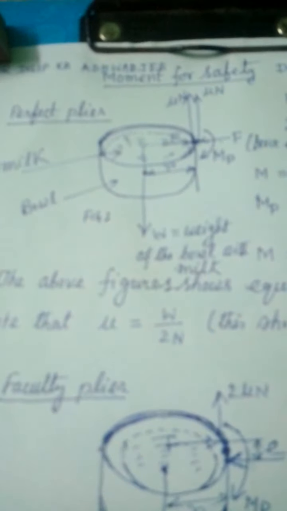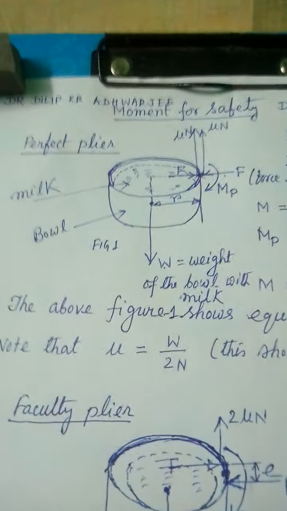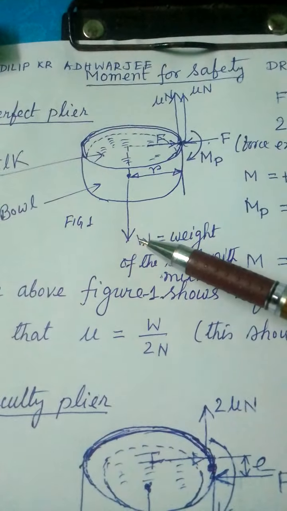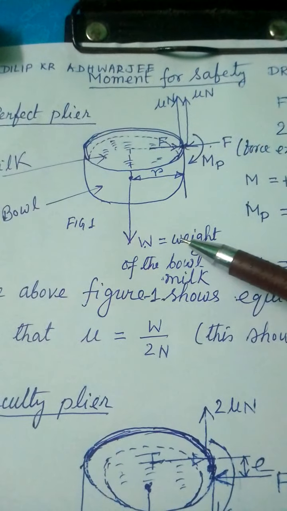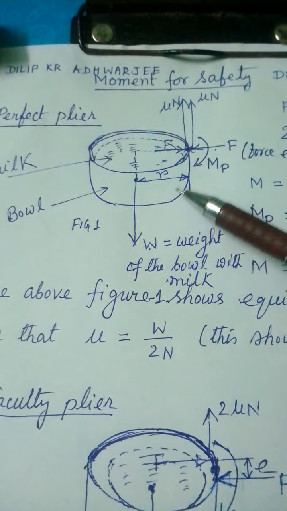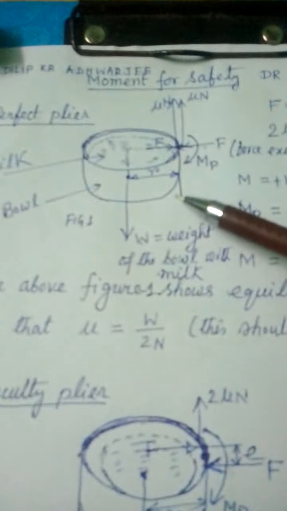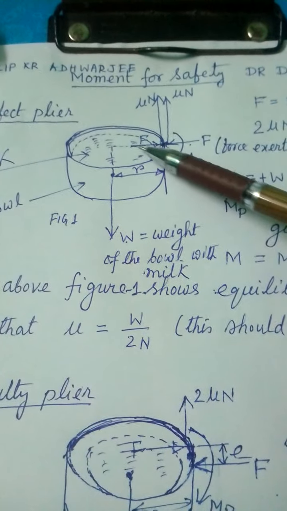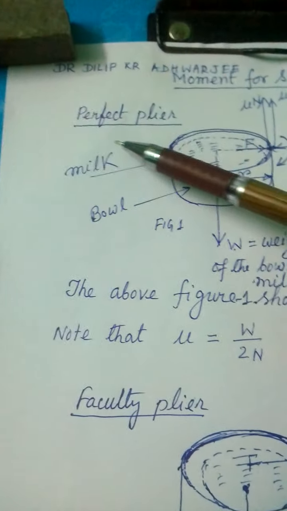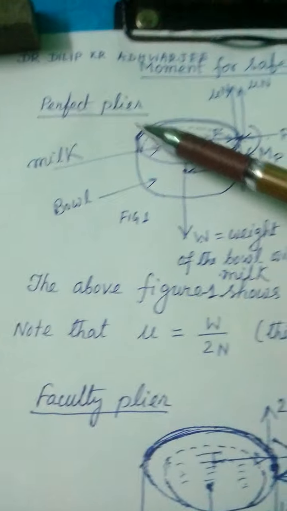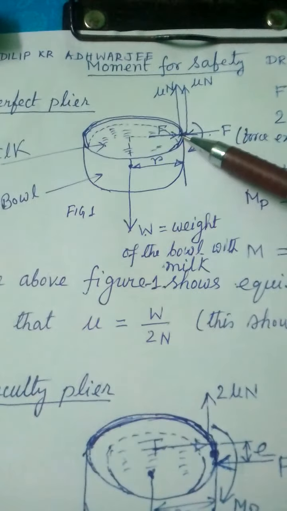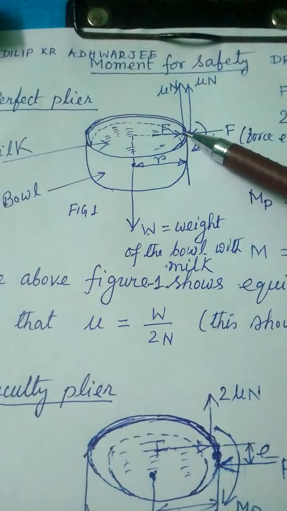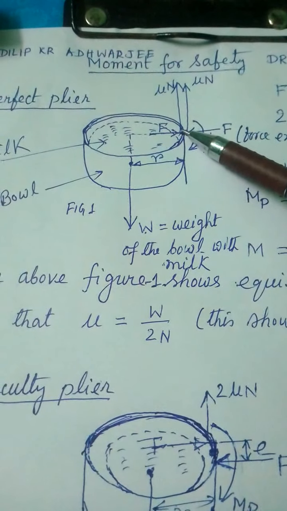This is not so simple, but you just see, this is the weight of the milk along with the bowl. So, and this, if it is a perfect plier, then the two sides will meet at one point.